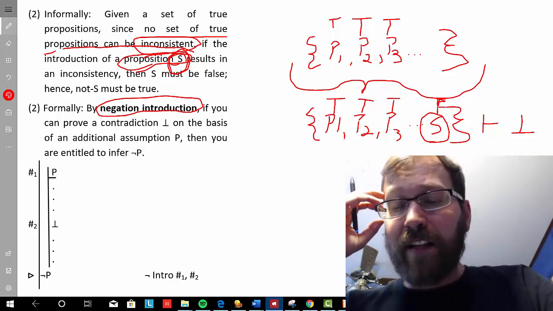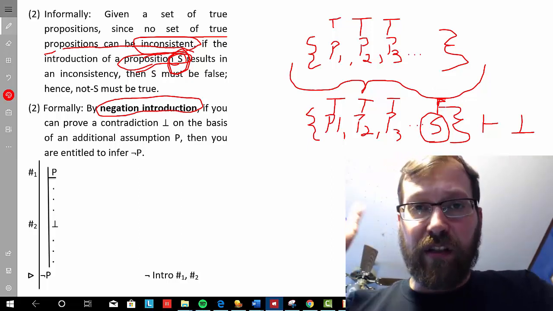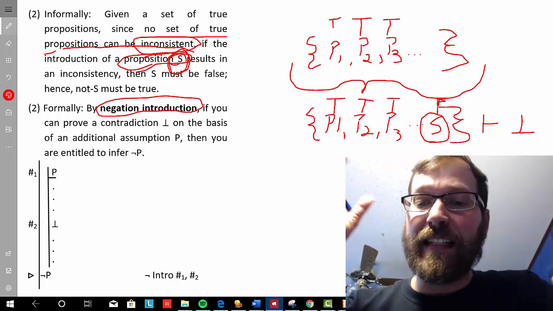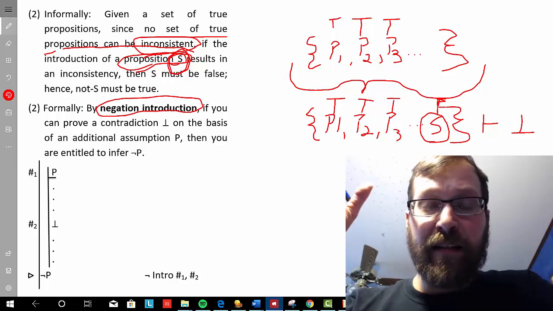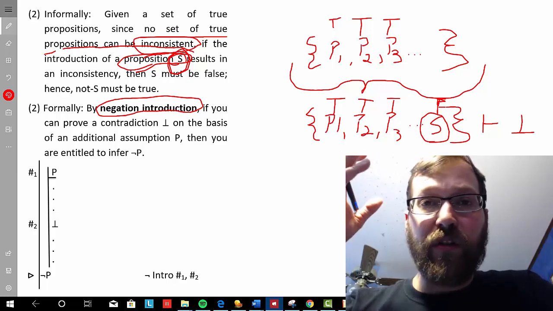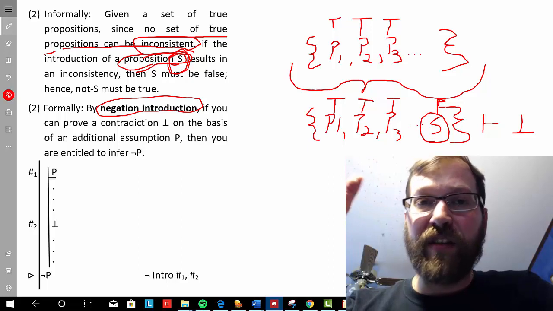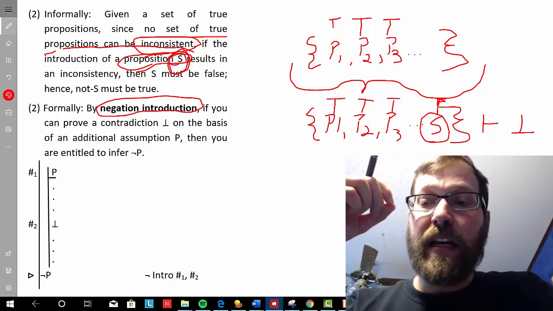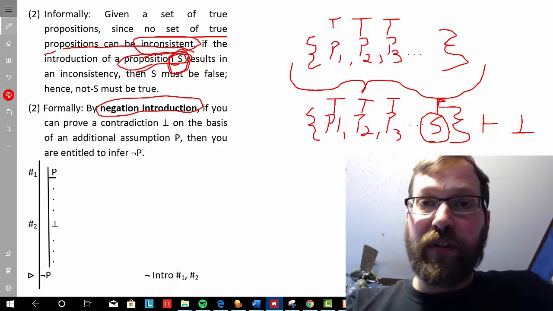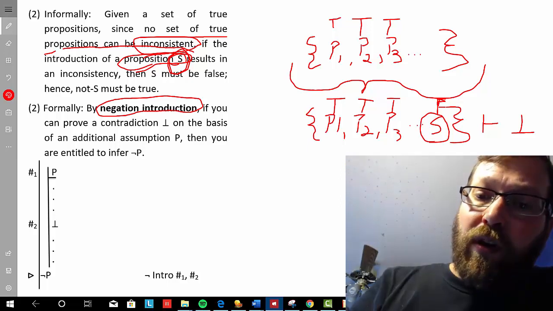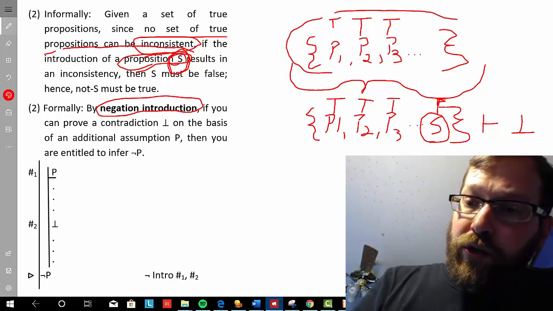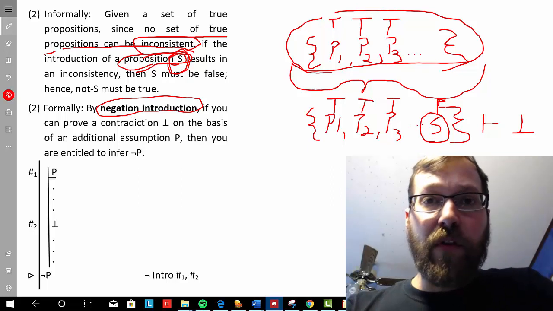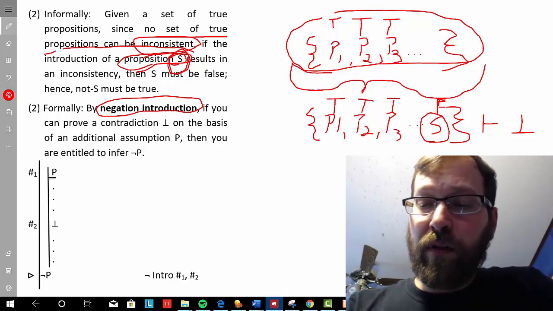Now, why is that the case? Because a contradiction just lets us know that there's an inconsistency in the set that's in question. So if the set in question entails a contradiction, there's an inconsistency, meaning at least one of the propositions is false. But we already assumed that none of those were the ones that were false.